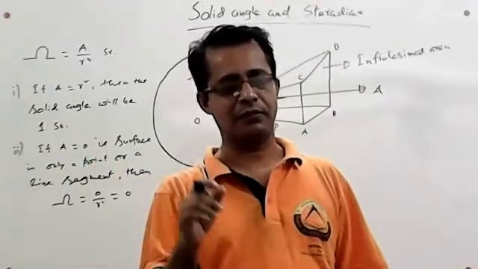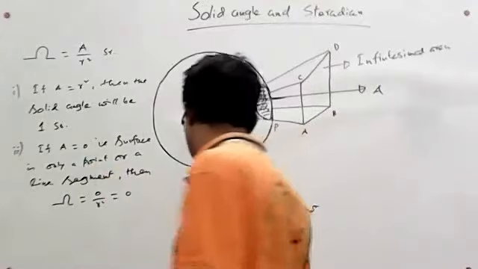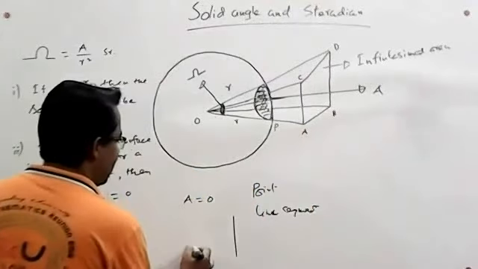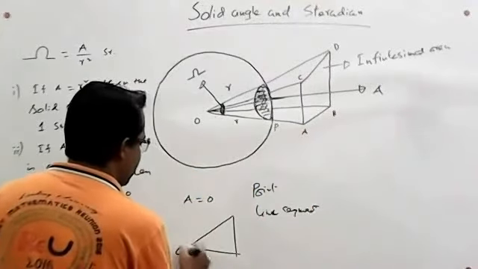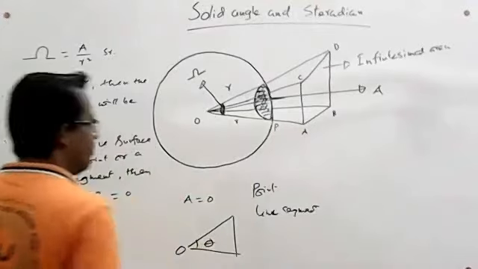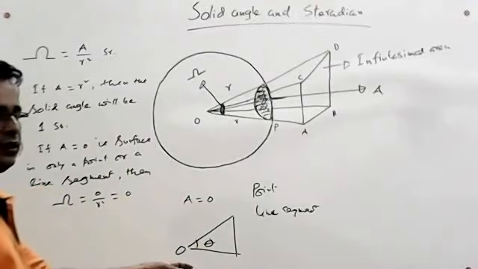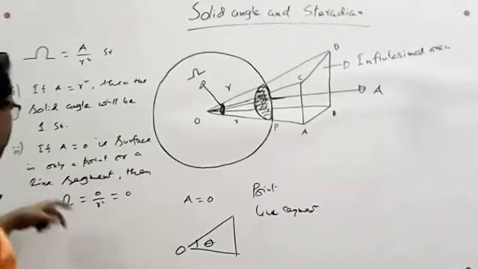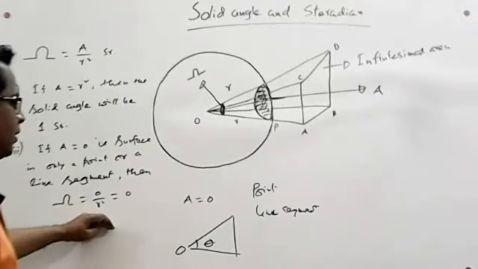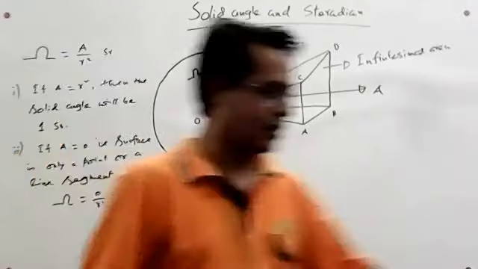A line segment can make an angle with another point O, but this is a plane angle. This is not a solid angle. For both cases, the solid angle will be 0.